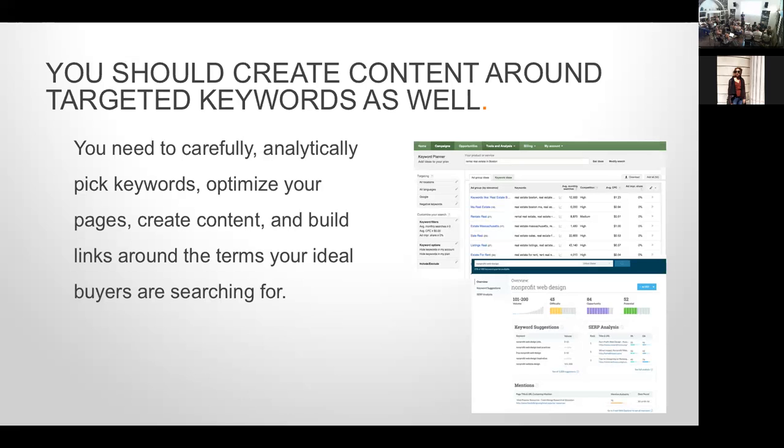You just said there were a few different things that you'd look into before you write articles. One was keywords. What should we research before we start writing articles?